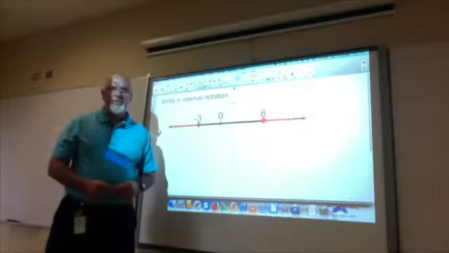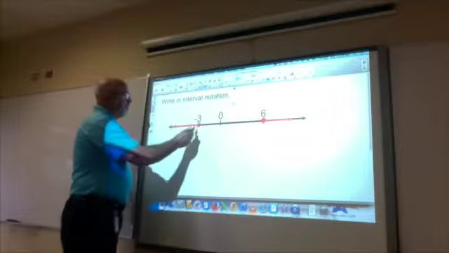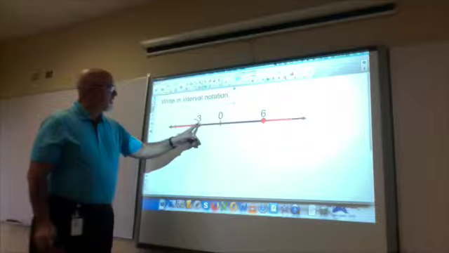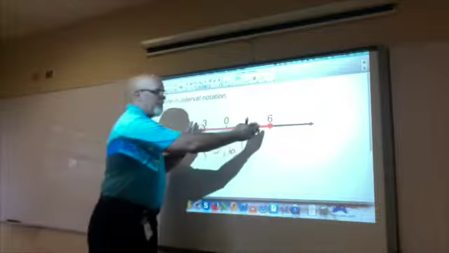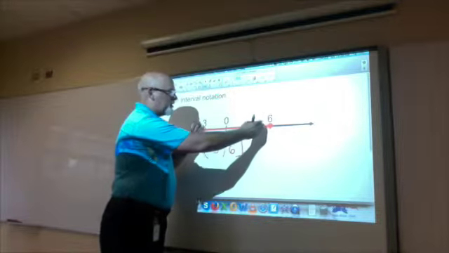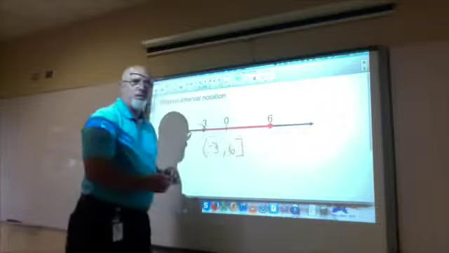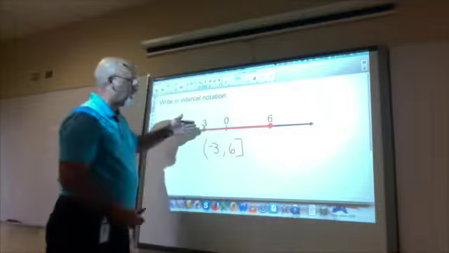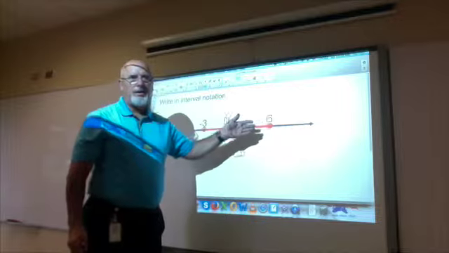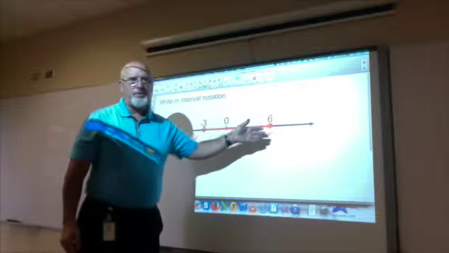Okay, write this one in interval notation. This time it is, well, let's go back to the previous one. This is a combination, an overlap of two graphs. The graph of less than or equal to 6 and the graph of x is greater than -3.